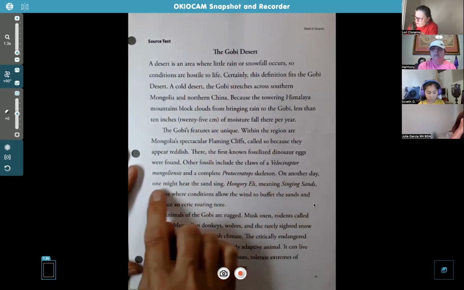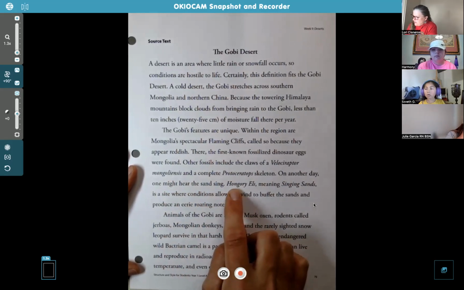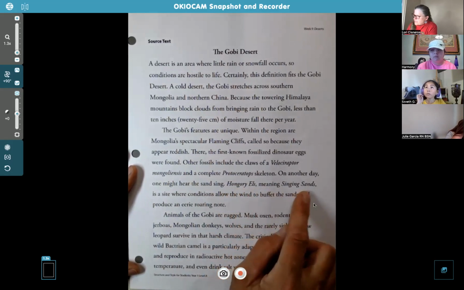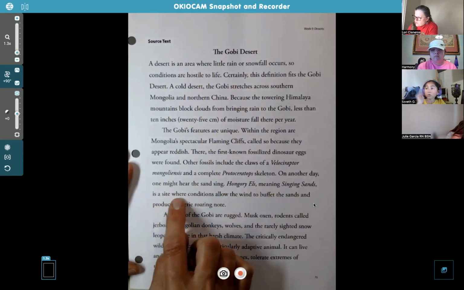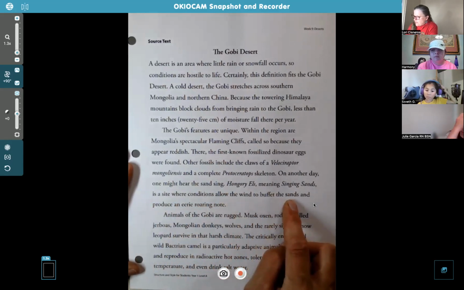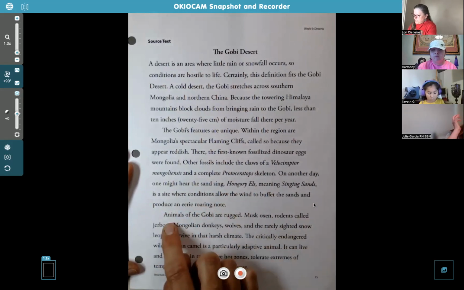On another day, one might hear the sand sing. And I'm not sure how to pronounce this. Hongoryn Els, meaning singing sands, is a site where conditions allow the wind to buffet the sands and produce an eerie roaring note.